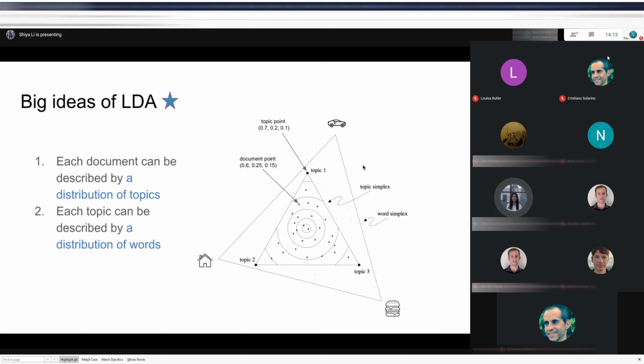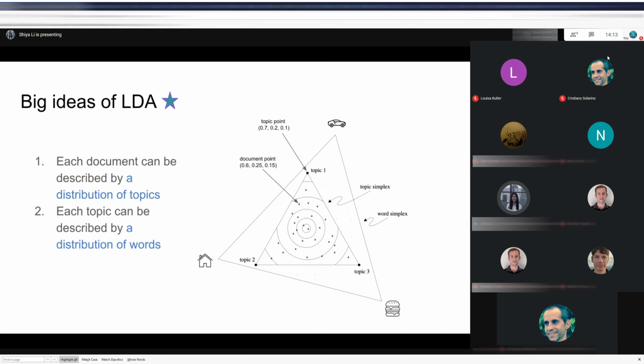For real life problems, the dimension is usually very high, so to make everyone understand more clearly, we simplify it into a two-dimensional one. As we can see, there are many points inside this small triangle. They represent documents.